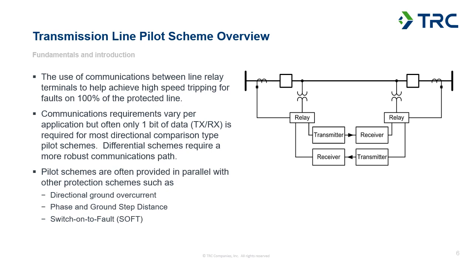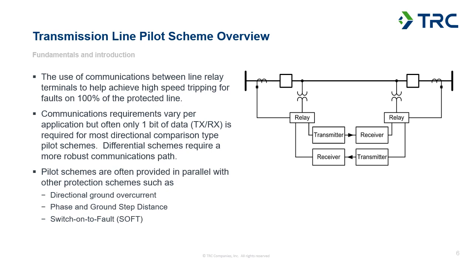We're looking at terminal by terminal, so we just have a single relay at each terminal that's set in a way that, by using a mix of time coordination and sensitivity coordination, we're able to protect the full transmission line for faults, with a good portion of it, often more than half of the line, protected instantaneously, with no delay from either end.